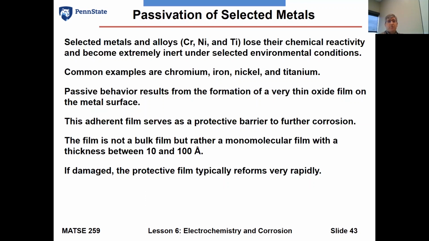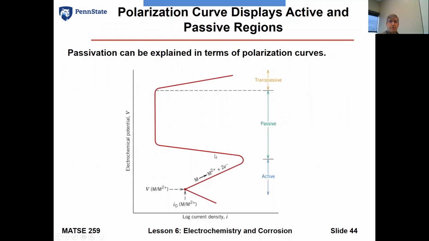But most metals will naturally develop this film. And depending on how protective that film is and how rapidly it reforms will tell you something about how corrosion resistant that material is. So a passive film is this thin monomolecular film. That's what is important to remember here.